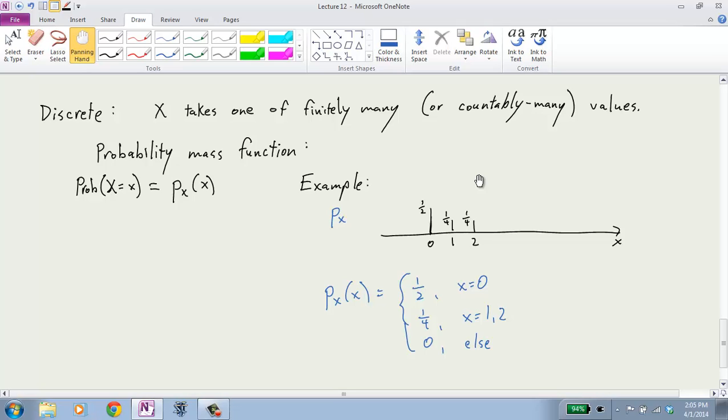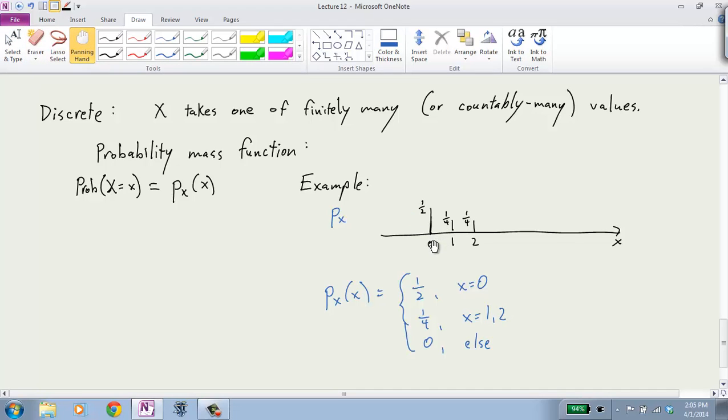And why do you say that? Yes, 1/2, exactly. So what's the probability that x is greater than 3? Then that's 0.